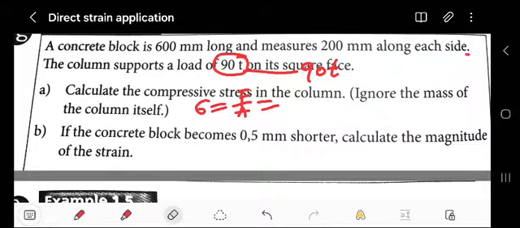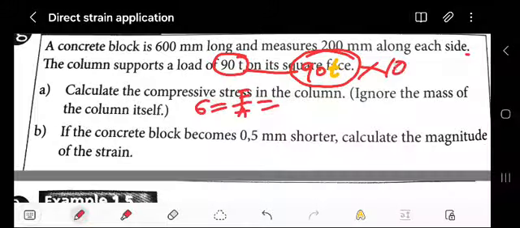So you simply multiply this by 1000 to convert it to kg. 90 multiplied by 1000 will be 90,000. But remember, this is kg.